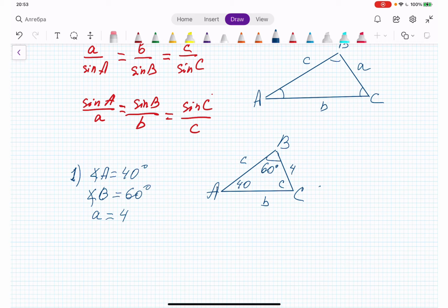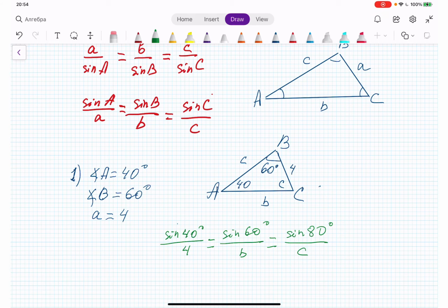I have angle A, which means I will write down sine 40 degrees related to 4, the opposite side, as sine 60 degrees related to side b, and equal to sine 80 degrees, which is angle C. I'll explain in a minute how we got C, and related to c.